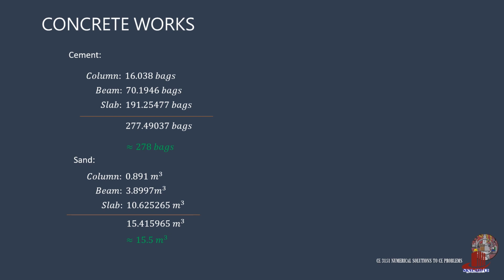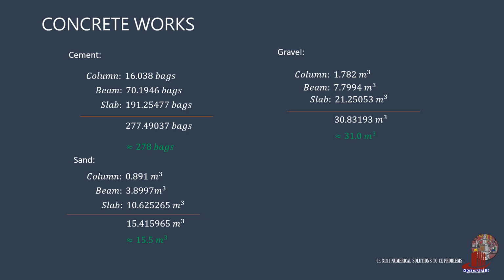Take note that aggregates can be ordered in half cubics. Gravel, on the other hand, has column requirement of 1.78, beams with 7.80, and slabs with 21.25. These are totaled to 30.83 cubic meters, which can be rounded up to 31 cubic meters.